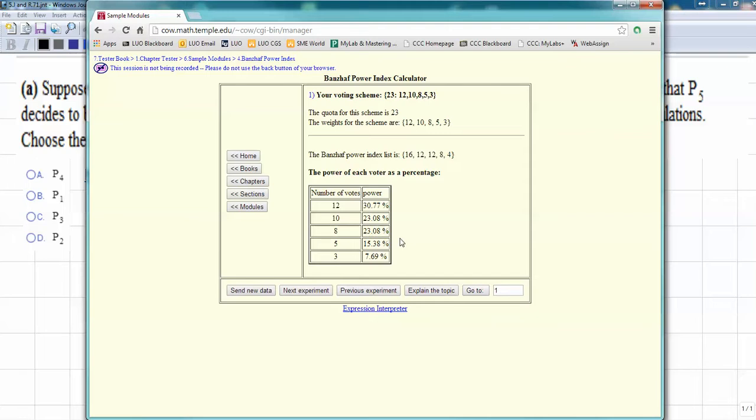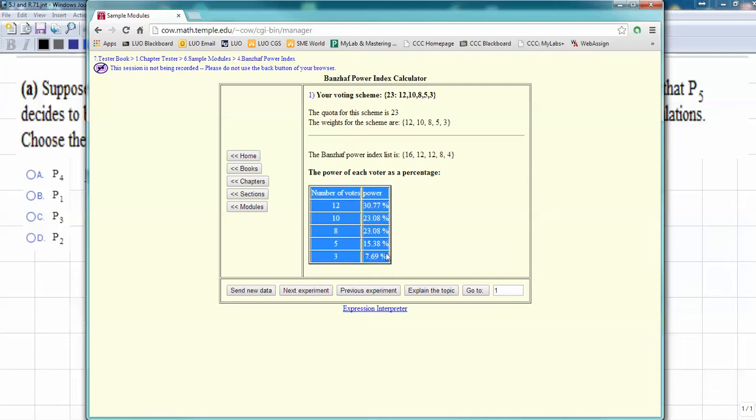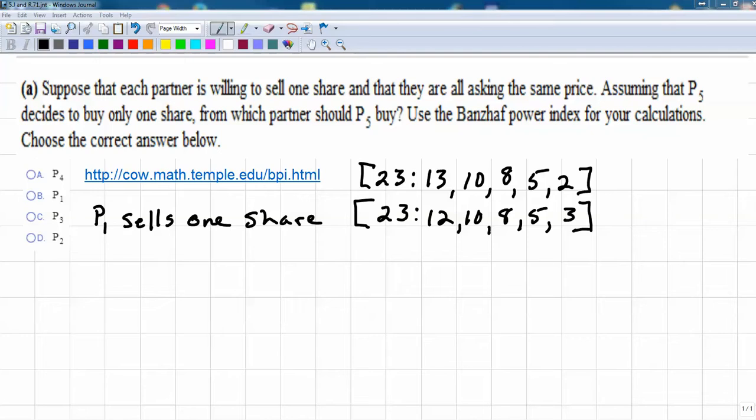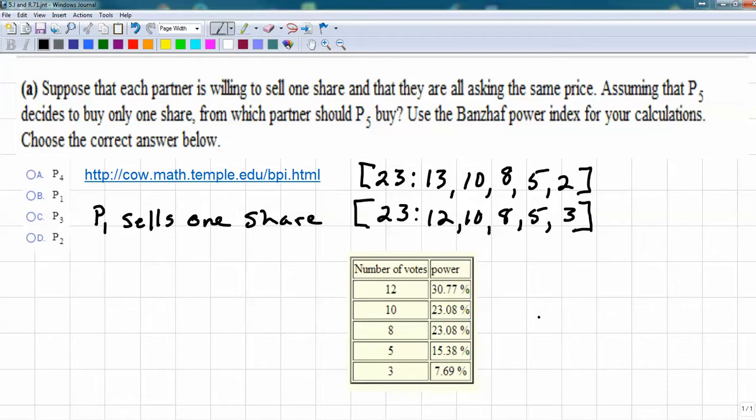All we're really concerned about is this right here, because this shows me the new power rankings for each one of the partners in this group. I can copy in this part right here. That is what we're keying in on, because we want to look at the percentages for P sub 5. Right now they've got 7.96%.